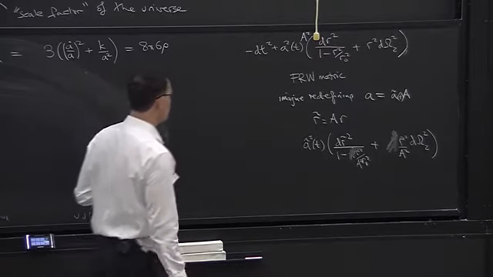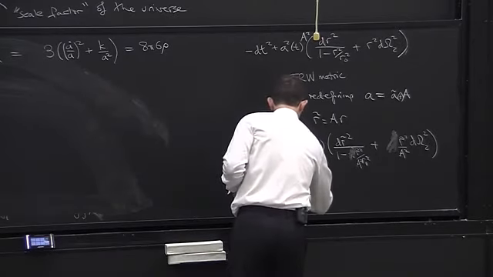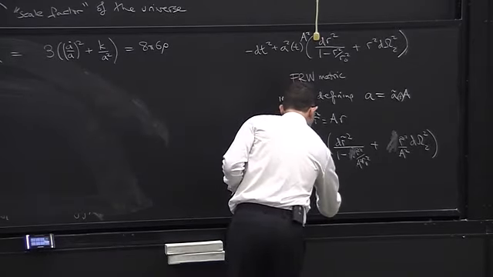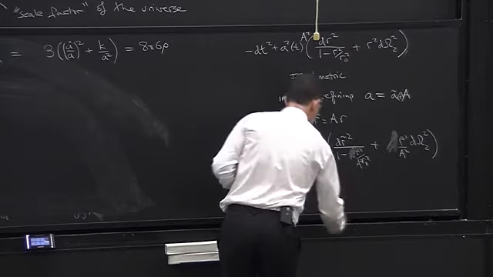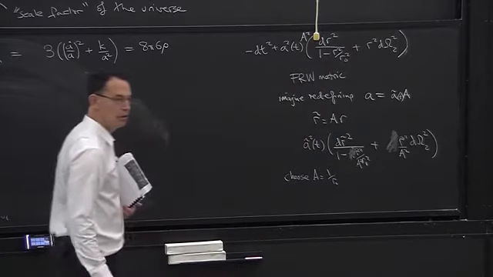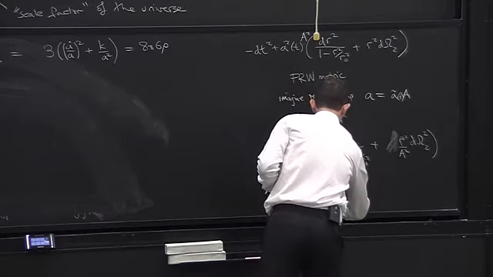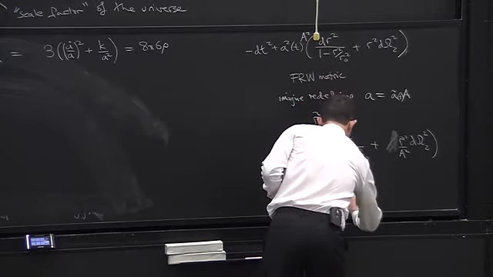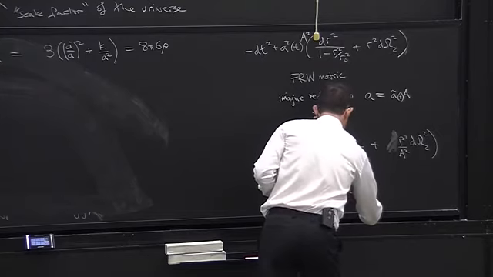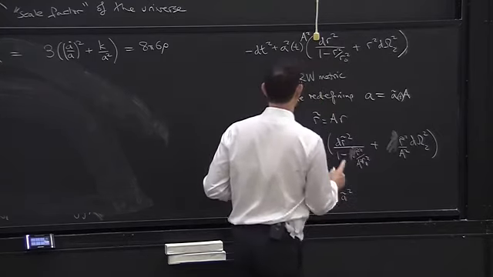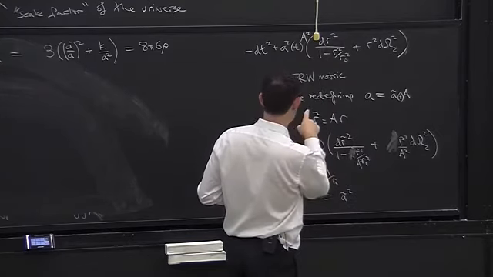And now I could pick, you could choose a to be 1 over R0. Nothing wrong with that. a was arbitrary. And so now I have a twiddle squared. Now let me see, have I done this right?